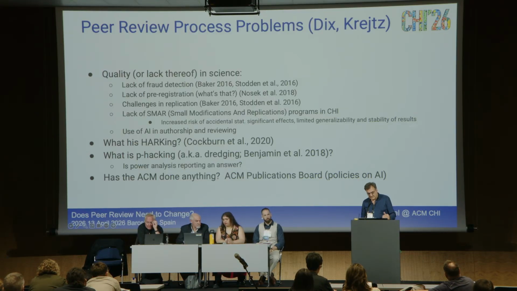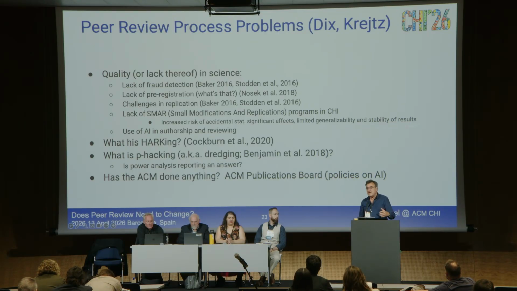CHI, as a conference and as a venue, has limited explicit space for systematic replication or simple modifications and replications, SMAR-type cumulative empirical programs, because we, as a community, tend to value novelty more than reliability. And that might be an issue.